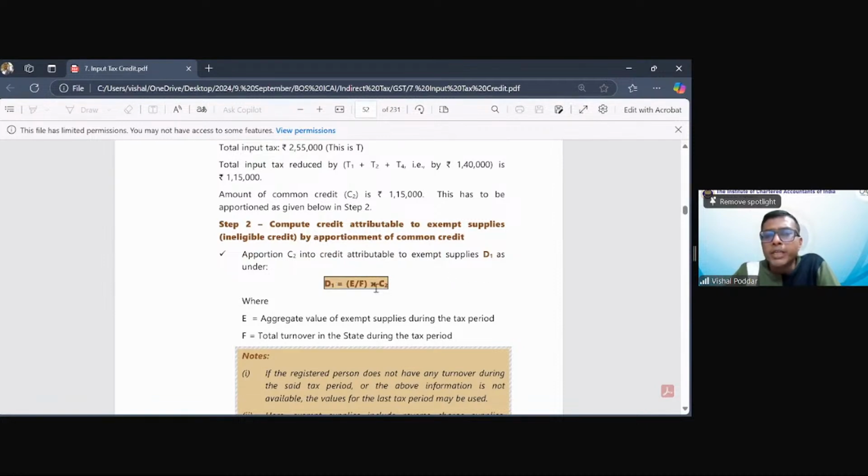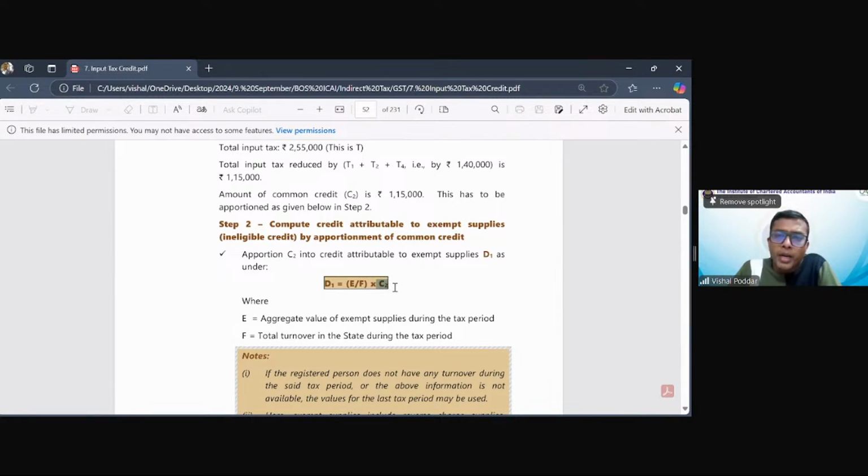Out of this C2, which we just found out, which is of common items, which is common for X and Y, I will find out proportionately out of this how much is for my exempt supply, which in my example is product Y. How will I find out this?